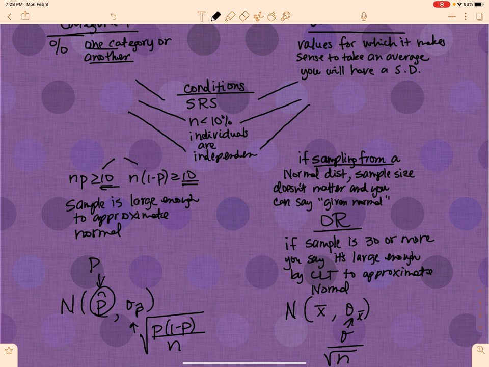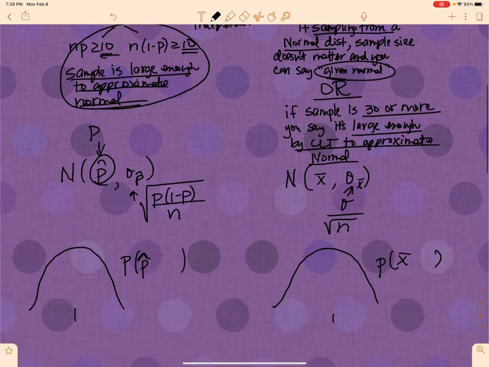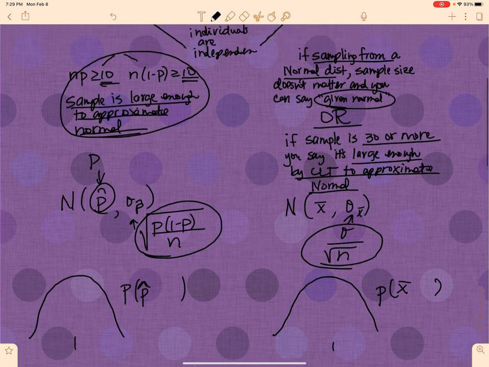Notice I make a statement for NP rules: it's large enough to approximate normal. If you're sampling from a normal distribution, all you have to do is write given normal. If your sample size is 30 or more, then you need to say it's large enough by CLT to approximate normal. And then of course you have your appropriate formula for your standard deviation depending on whether you have categorical or quantitative data.